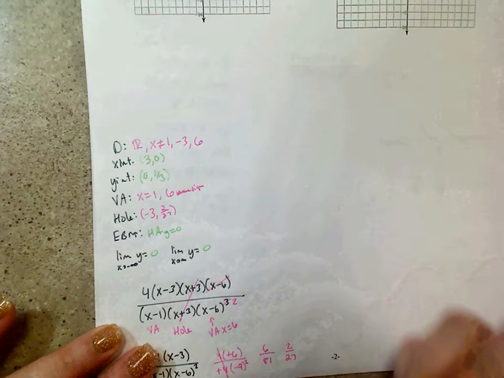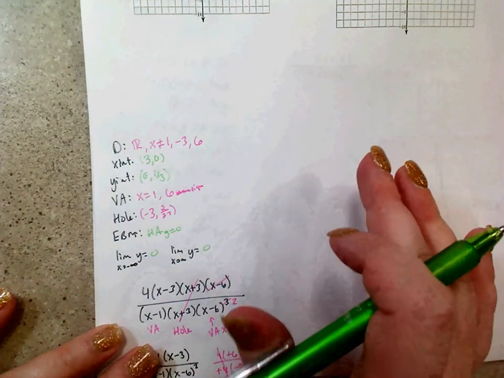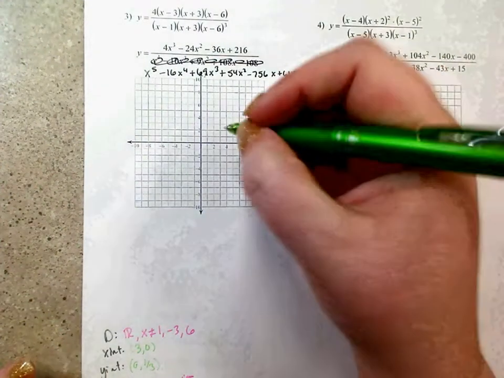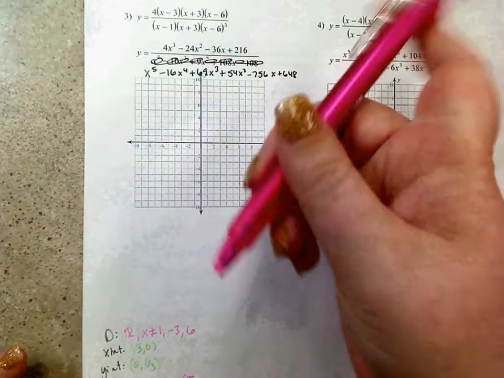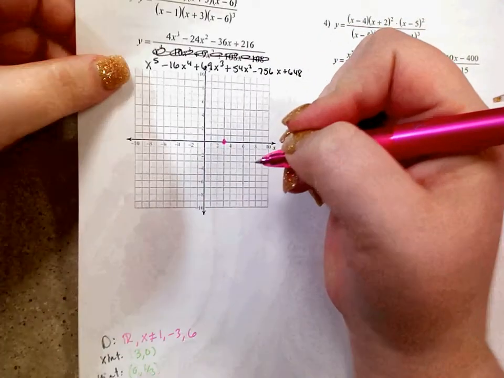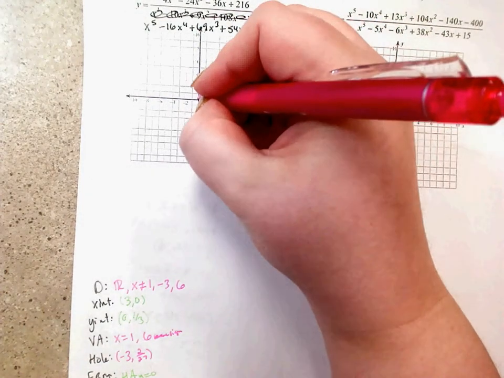I'm going to go ahead and start sketching the function. I have an x-intercept at 3, 0. I have a y-intercept at 0, 1/3. I have a vertical asymptote at 1.